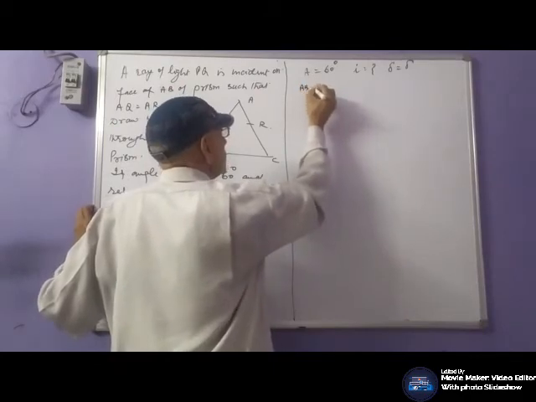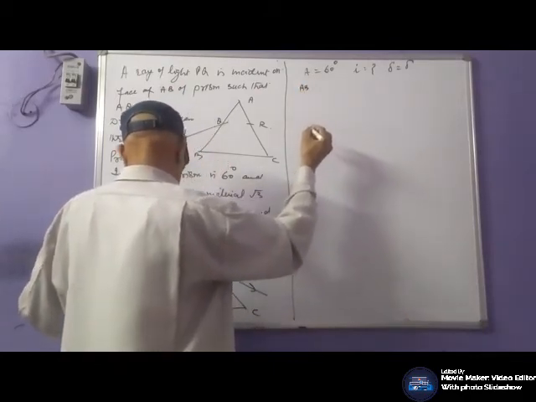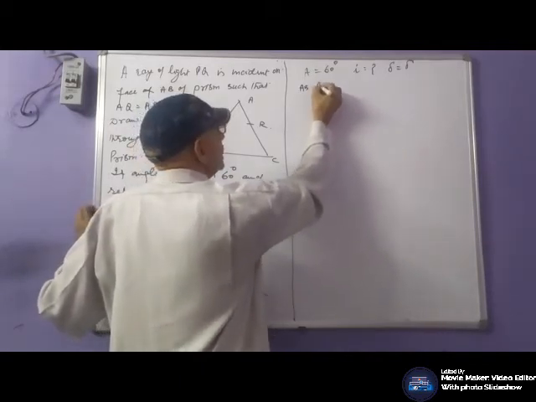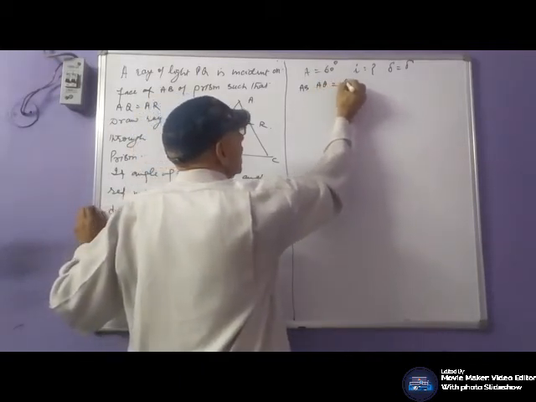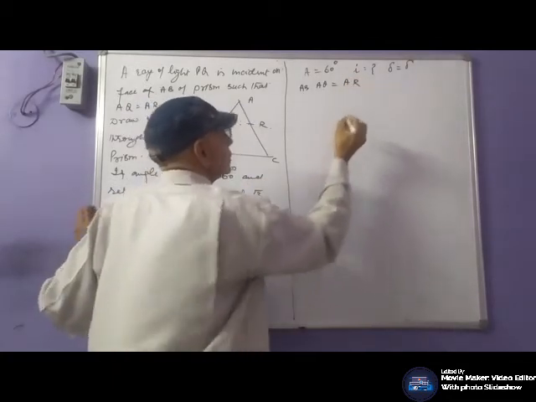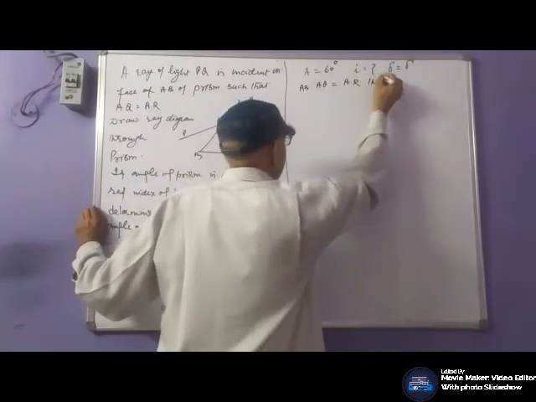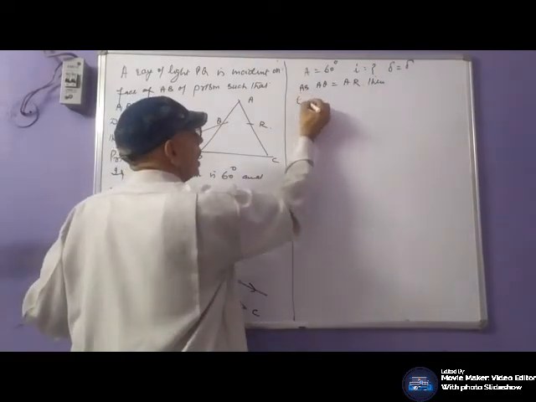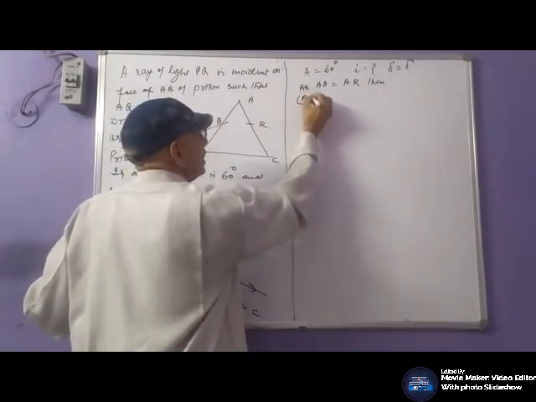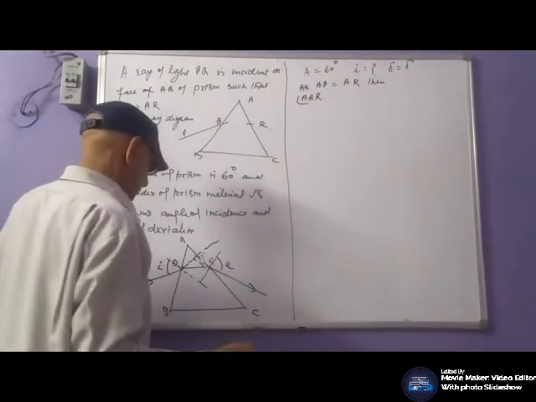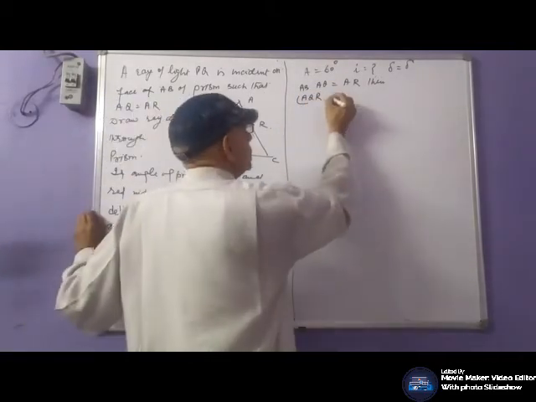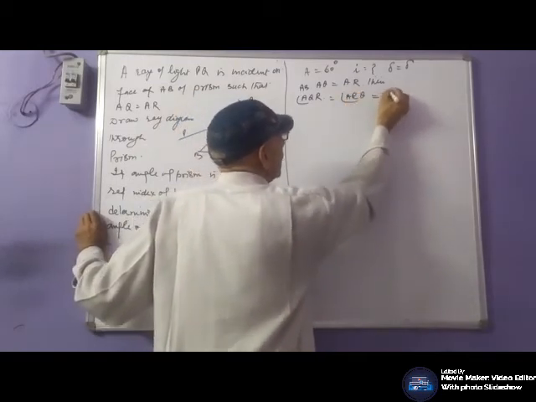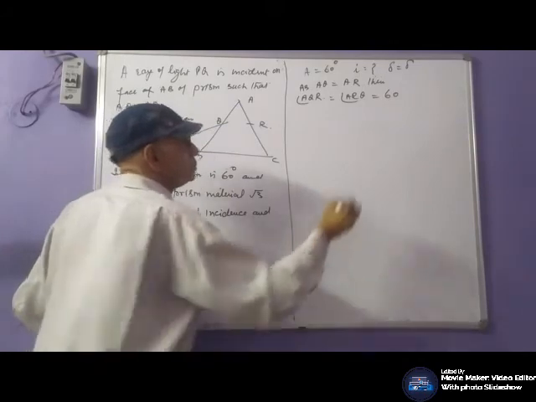As AQ is AR, then angle AQR is angle ARQ, angle 60 degree.